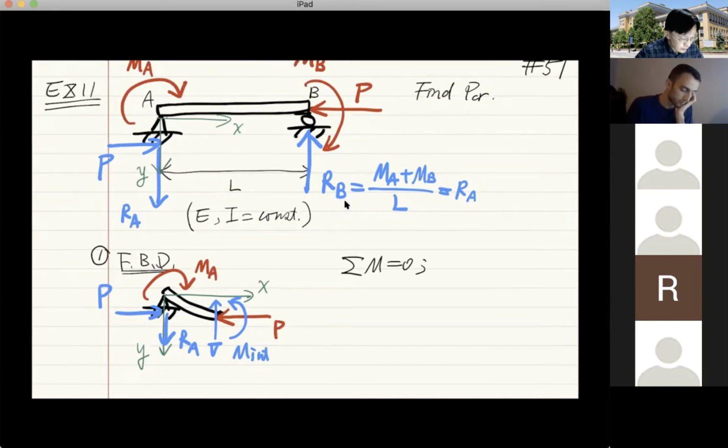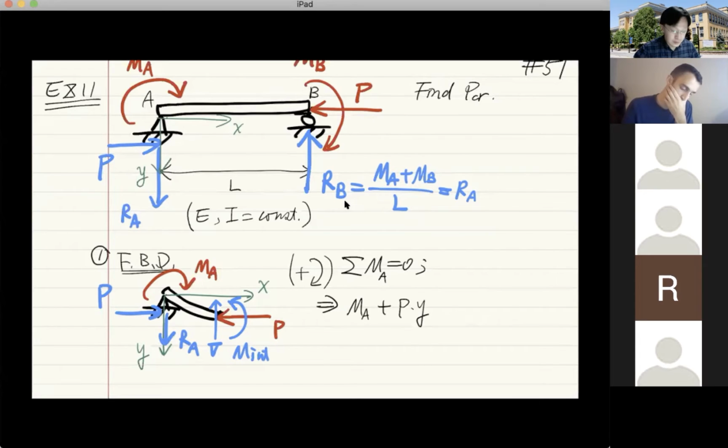You can take this at the support A, and because everything is clockwise, let's assume clockwise to be positive. And when we do that, the moment equilibrium becomes: you have MA, and P is also positive, right? So it's MA plus P times Y, that's positive. But the moment produced by the reaction is negative, and the shear is also negative.